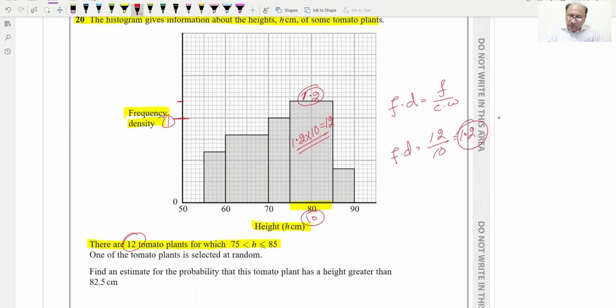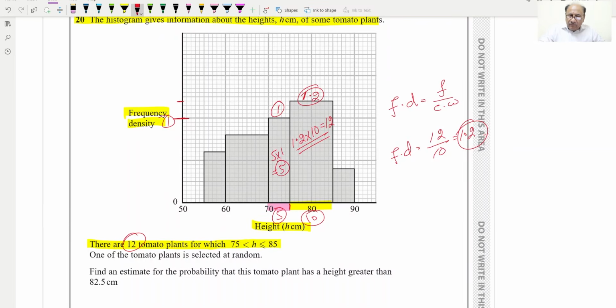Now we have this scale and we can use the scale to find the heights of the bars. If we check, the height of this bar is 1, as the class width is from 70 to 75, so this width is 5. So 1 multiplied by 5 is equal to 5.